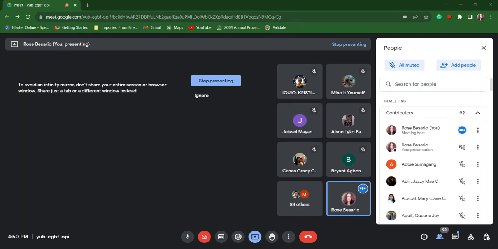Dayon si rent expense kay same. Si supplies usa lang. Si depreciation usa ra pod. Then si interest expense kay usa lang. Then si miscellaneous kay walay adjustment. Okay? So ana ra na siya.